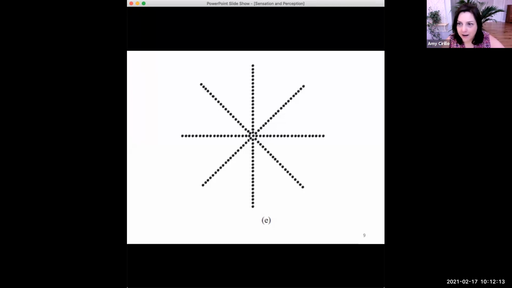Why do we need our eyes to move? What would happen if they didn't? Wouldn't we have blind spots?